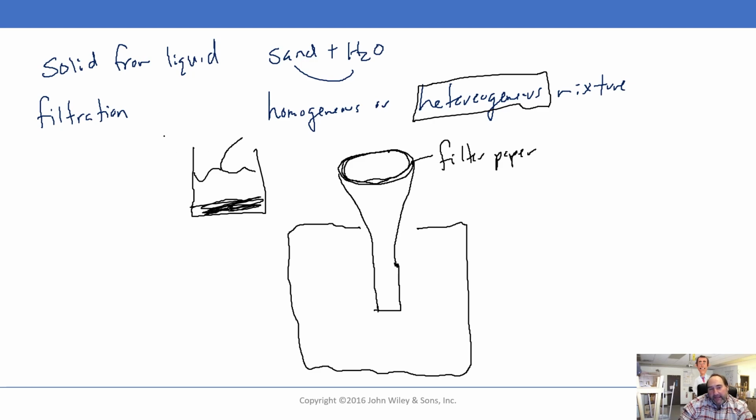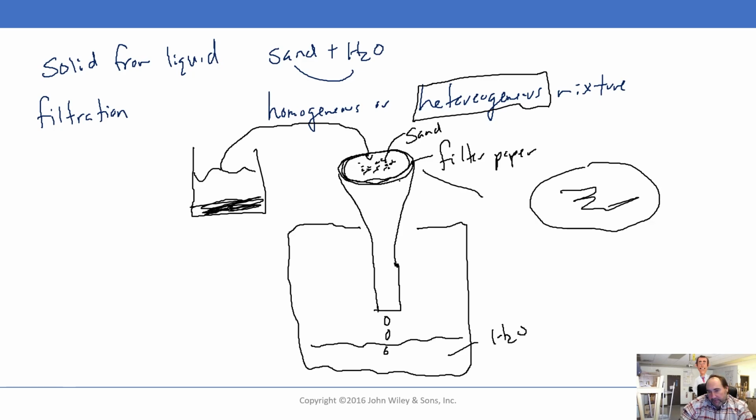And if we were to take this and pour this through here, we would see the liquid part come through. And obviously all that solid sand would get trapped up here. Sand up here, water over here. I then could take my filter paper, open it up, let it dry out, and I would have my sand back.